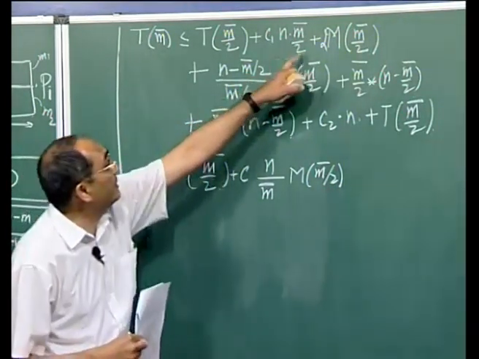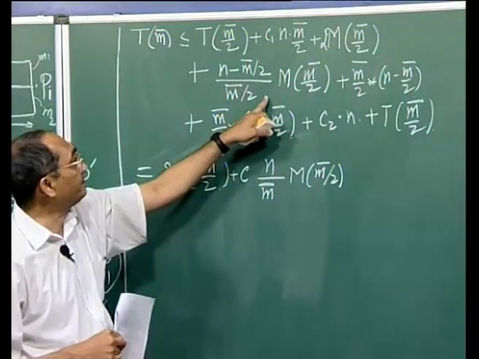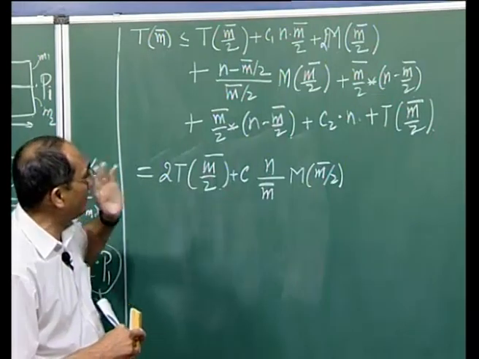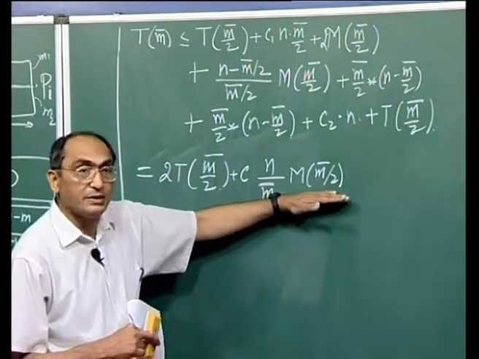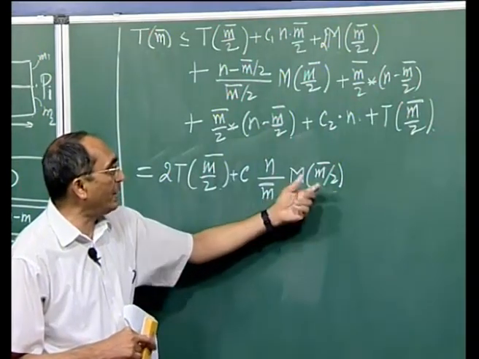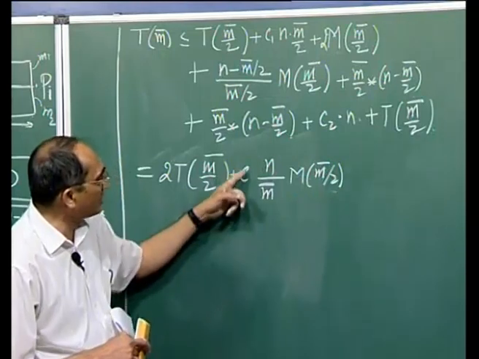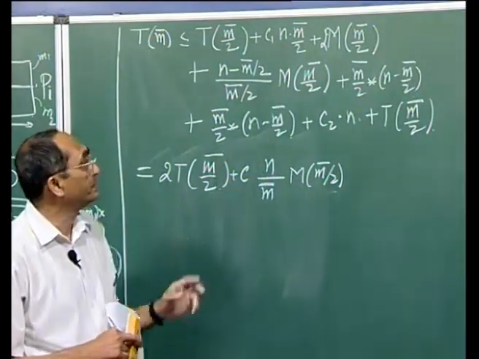That accounts for this entry and this entry together. Notice that this multiplication is at least the square of this entry. So this entry is more than m bar times n into some constant.